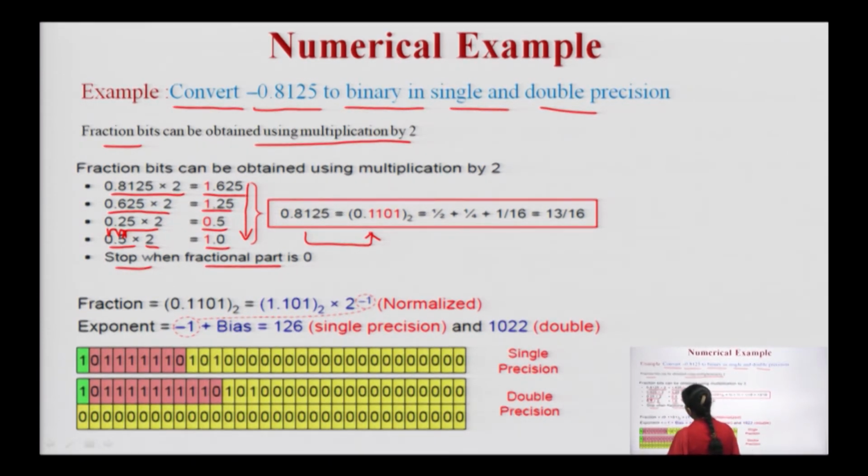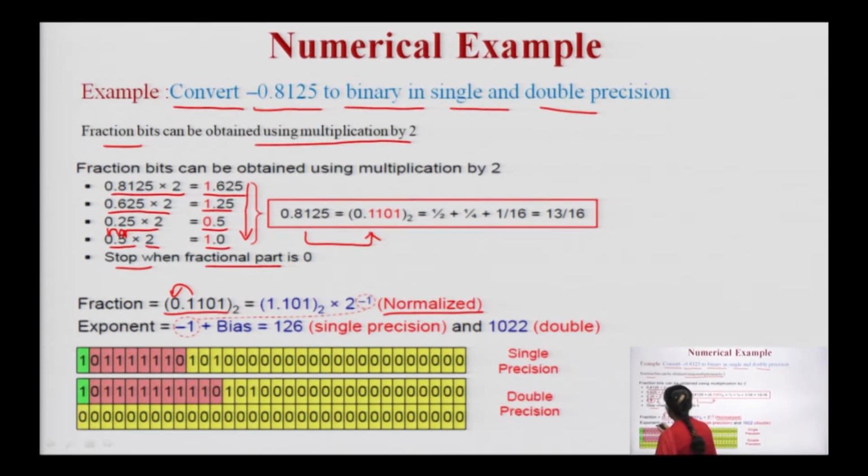So, see how I will represent this number now. I have got 0.1101 base 2. Normalize this number, that is, shift it, giving 1.101 base 2 into 2 to the power minus 1, because we need to do the normalization.